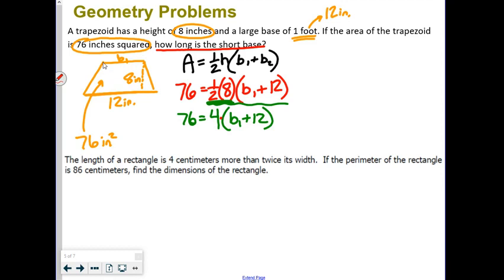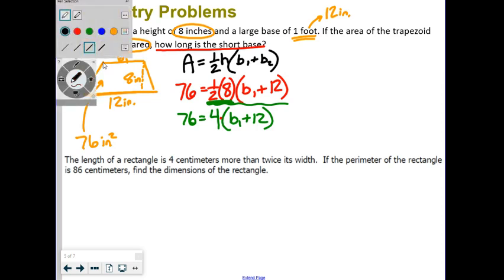That would be a mistake to do at this point. So either distribute or divide by 4. And let's go ahead and do the divide by 4 move. So if I divide by 4, and you have to do it on each side, that undoes the 4s right here, because you're multiplying and dividing by 4. Those are inverses.